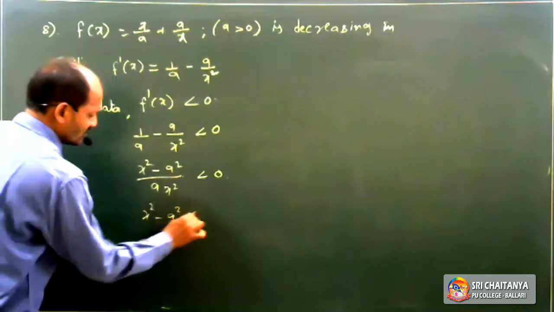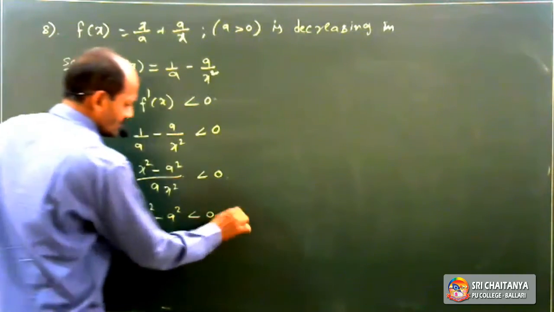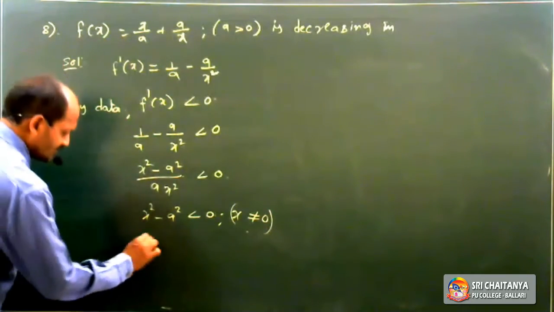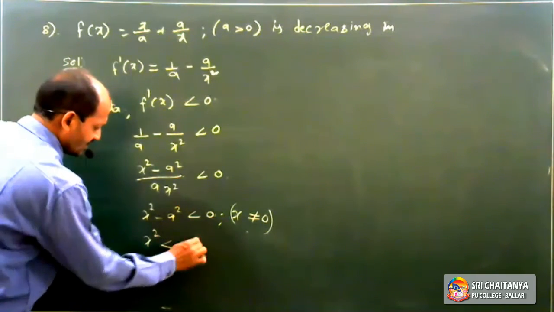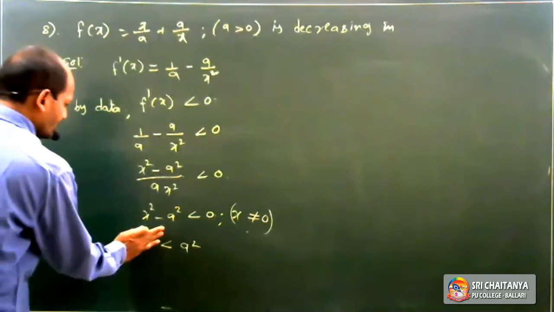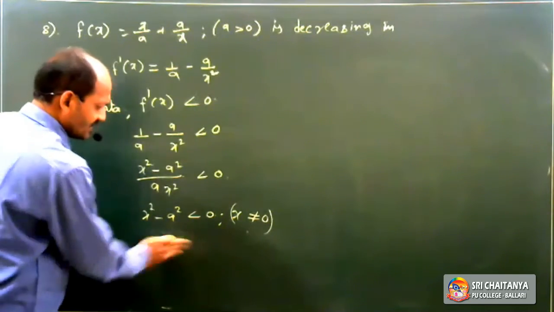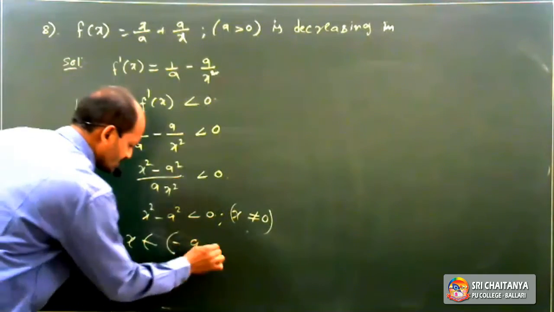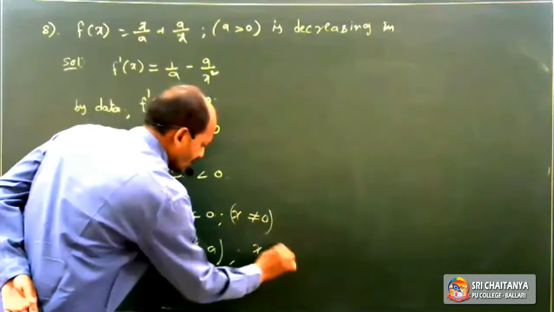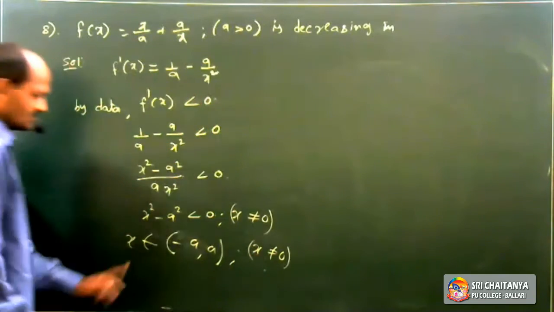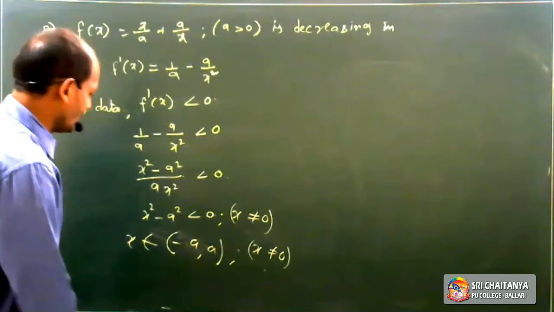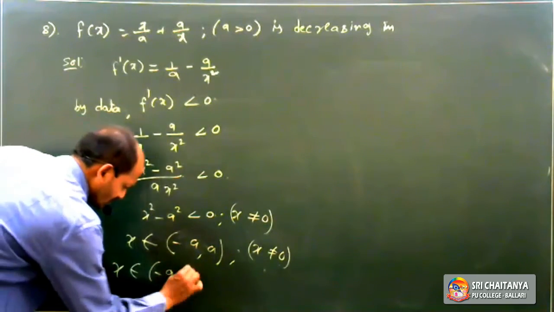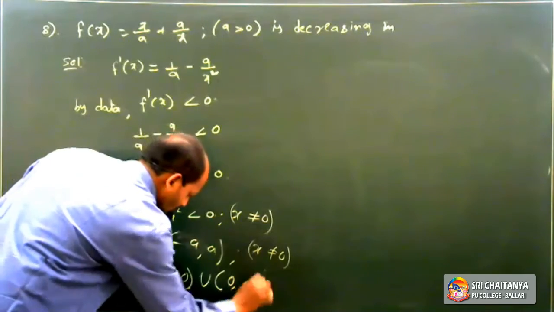So x square minus a square less than 0 and x is not equal to 0. Clearly, x belongs to minus a to a, but other than 0. Therefore, x belongs to minus a to 0, union 0 to a.